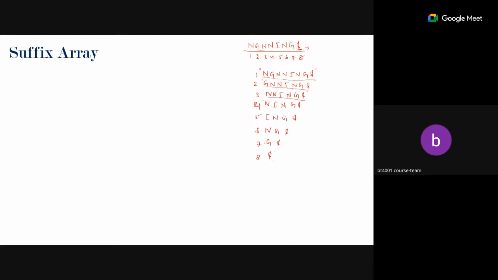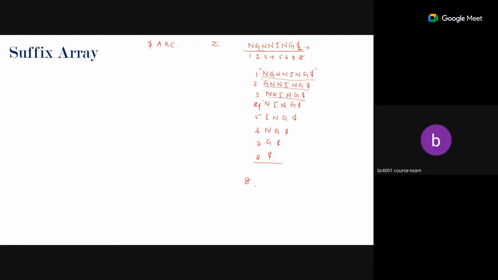So what word will come first? Alphabetically, as I already said, we have dollar, then A, B, C, D up to Z. So which of these strings, or words, will come first? Eight will come first. Exactly. So we'll write 8 first.